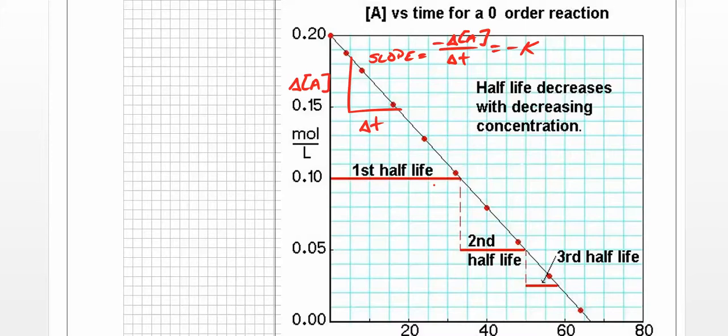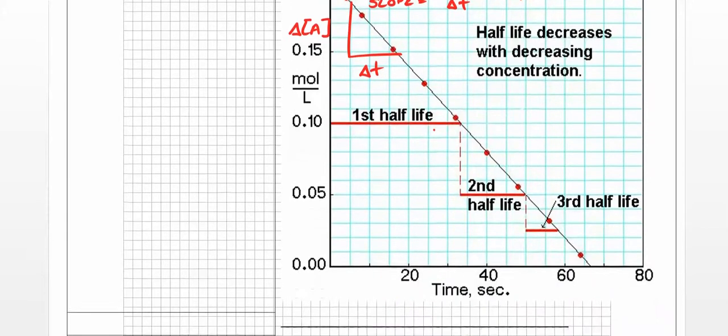Well, that makes sense. We said that half-life time depends upon initial concentration. So it makes sense that the half-life continues to change as the reaction proceeds, right? All right. So that's that.